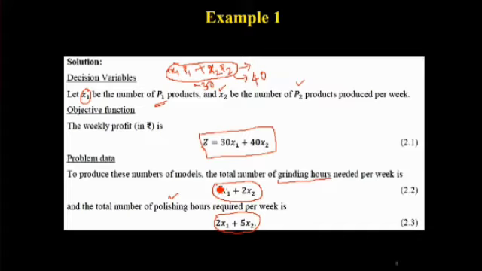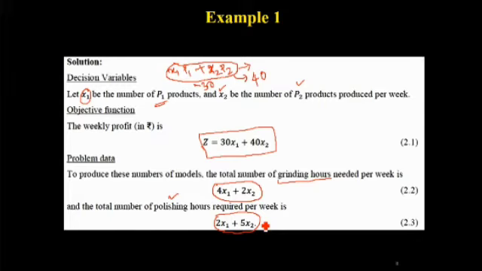But here another thing I will add is that 4x1 plus 2x2 is the grinding hour, but maximum how much can we use? 2 into 40, 80 hours. Similarly, polishing hour 2x1 plus 5x2, but how much can you use? 3 into 60, 180 hours.